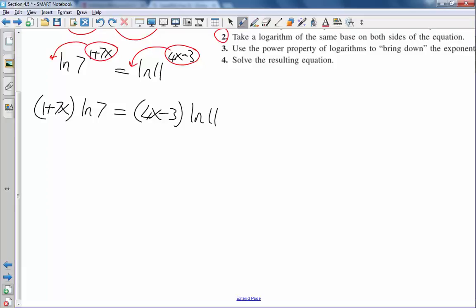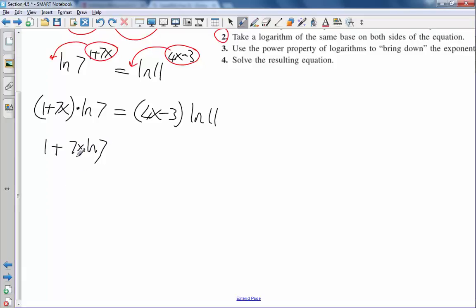What would you do? How do you get x's together? First off, you need to clear all parentheses. All parentheses must be clear. So I see multiplication here. I will just leave one like that, 7x and ln 7.